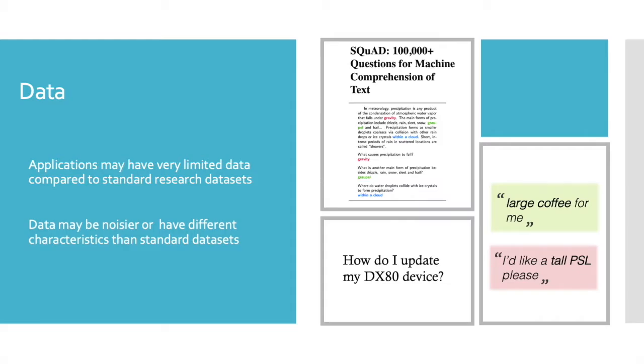Your data may also be noisier or have different characteristics than standard data sets. For example, it could contain a lot of domain-specific terms like product names. And because of this, out-of-the-box models may not work well.